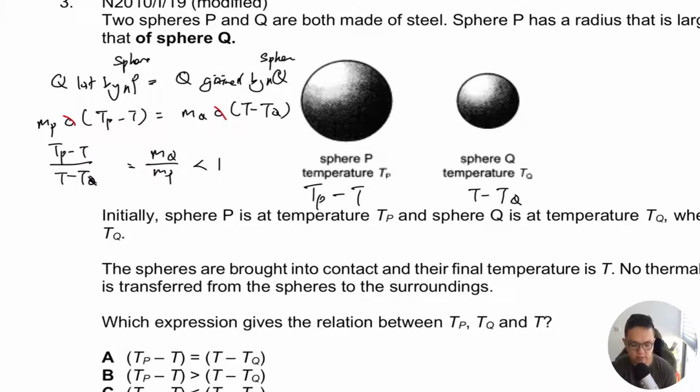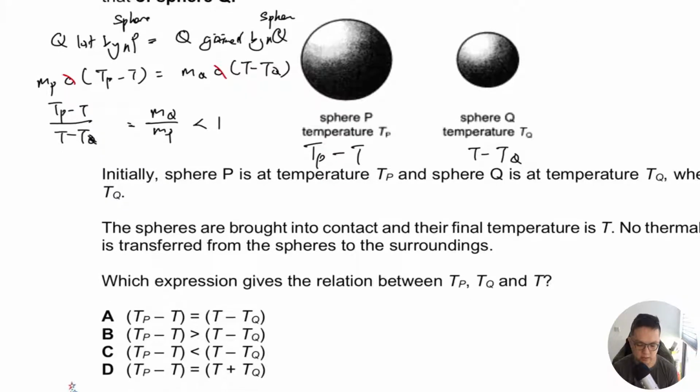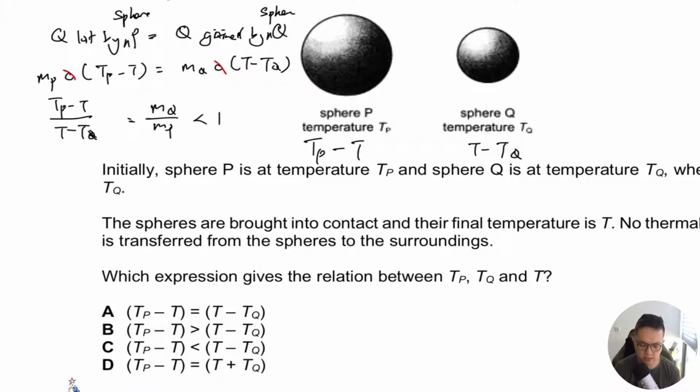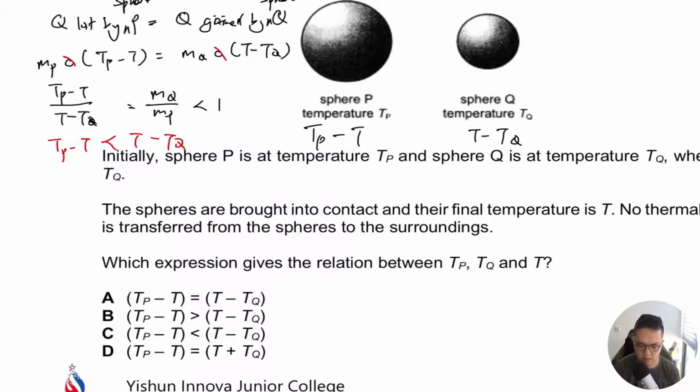If it's less than 1, then if I take this form compared to this one here, I can therefore conclude that Tp minus T is less than T minus TQ. Okay, and the answer here should be C.